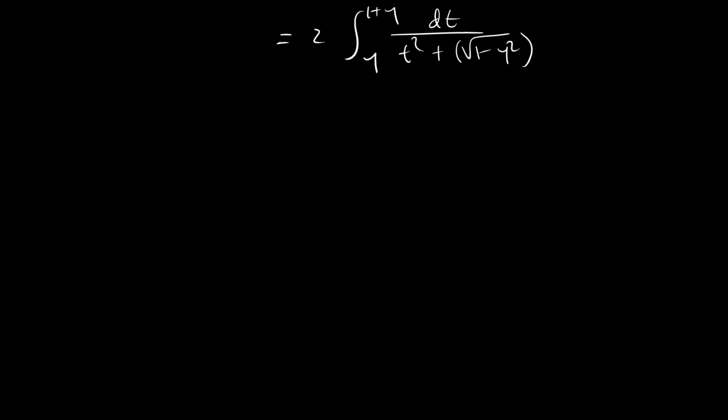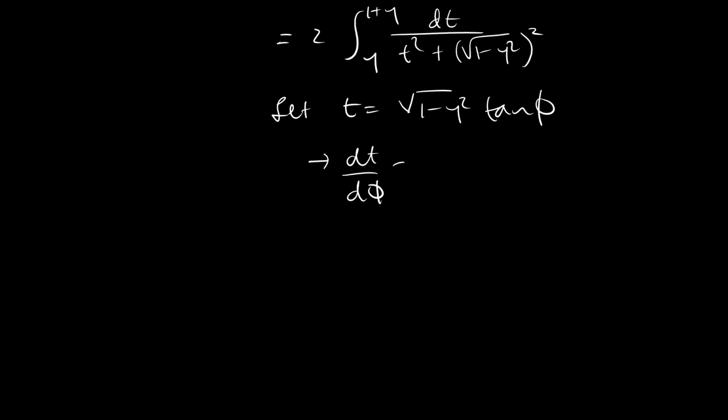Which is important because now we can say, because it's an easy problem here, an arctangent problem, let t be equal to the square root of 1 minus y squared times tan phi, such that dt/d phi equals the square root of 1 minus y squared sec squared phi.